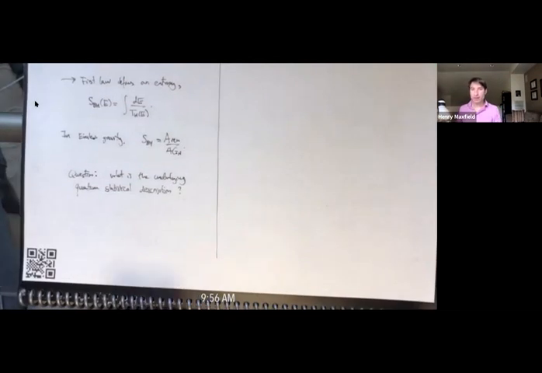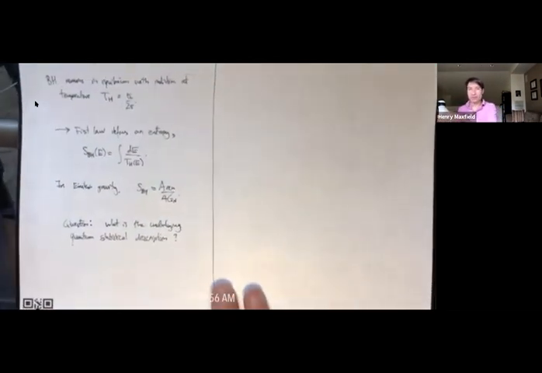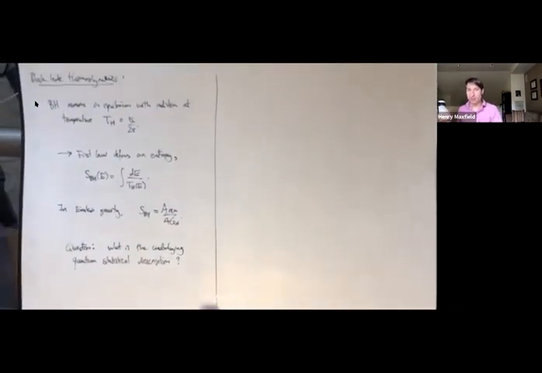Okay, so the last thing we can do now: so far we've just been talking about quantum fields in a fixed black hole background, but we now have enough to introduce thermodynamics.